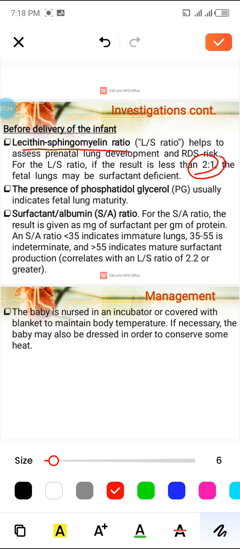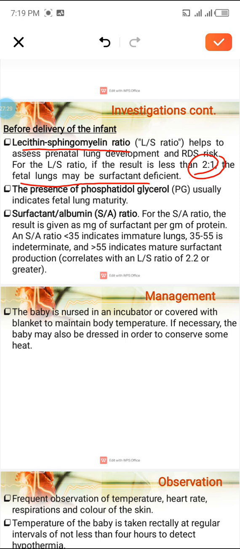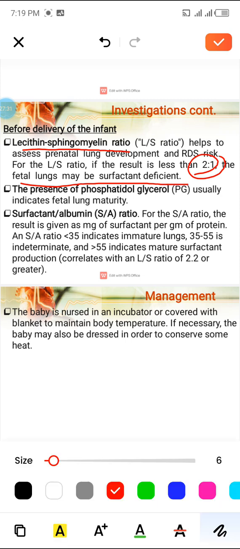So this shows fetal lung surfactant deficiency. So this is the study where they are able to tell the surfactant levels. So they do the lecithin sphingomyelin ratio to determine the surfactant levels. So you need to know that the ratio is 2 to 1, which is normal. So you find this in multiple choice, like I said.